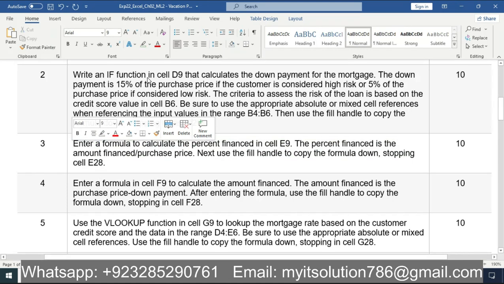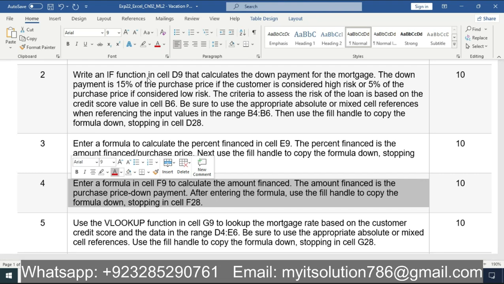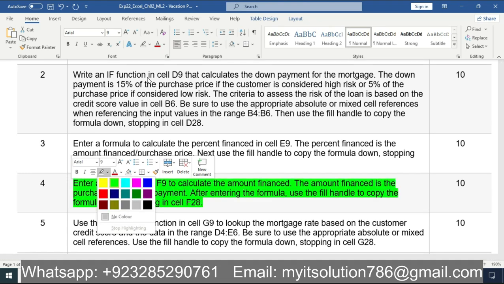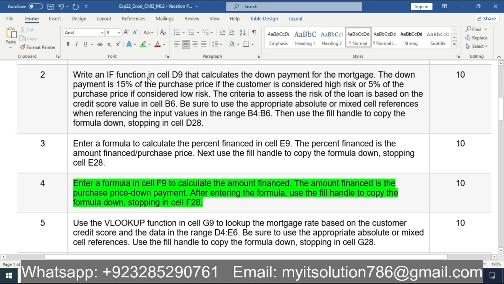So we go to our step number 4. In this step it is saying to enter a formula in cell F9 to calculate the amount financed. The amount financed is purchase price minus down payment.